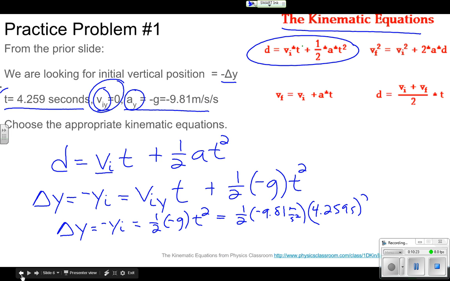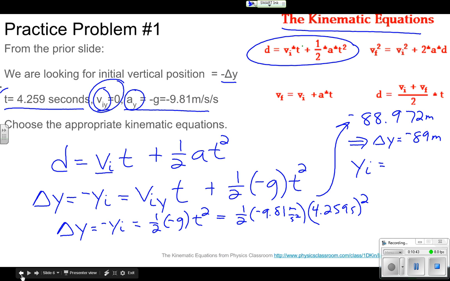And again, that time gets squared. I am left with an answer of change in y is negative 88.972 meters. With 2 sig figs, my change in y is negative 89 meters, which means my starting position is 89 meters above the ground.